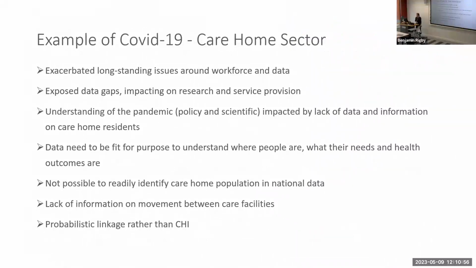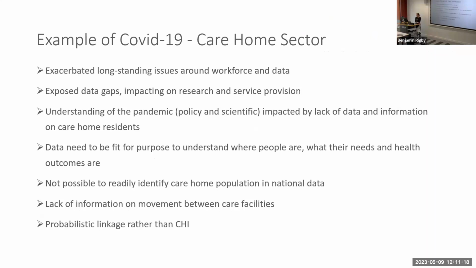One example was COVID-19, which really brought to light where the problems are. It exposed the data gaps, which had an impact on research and also service provision. The understanding of the pandemic was really impacted by the lack of data and information on care home residents.